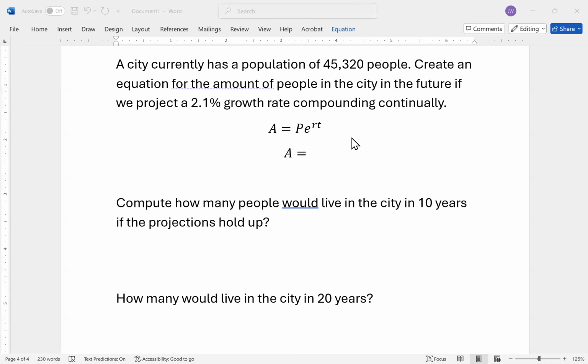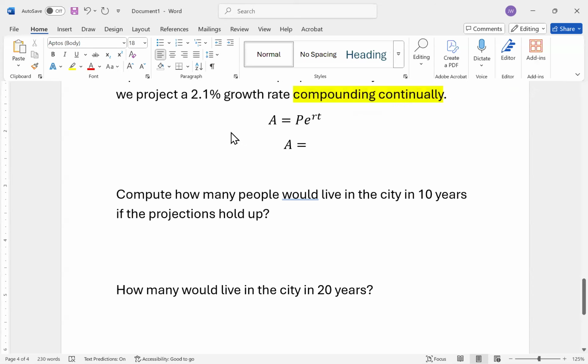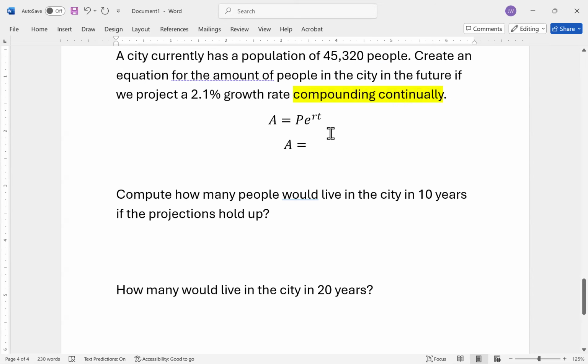All right, so the first thing we notice is that we have a growth rate that is compounding continually. Anytime we're compounding continually, then we're going to be dealing with A equals P e to the RT in some way, shape, or form. Now, officially, I always use this equation, but other people will change up the letters in front.